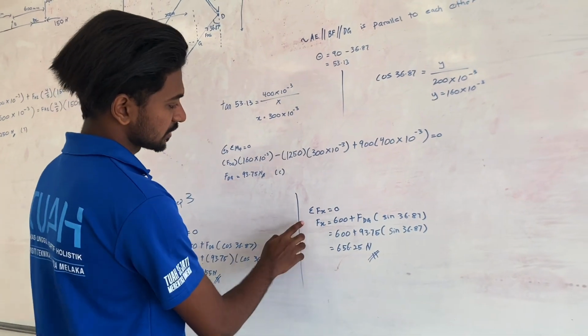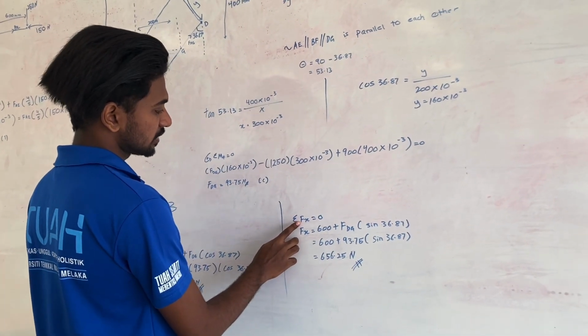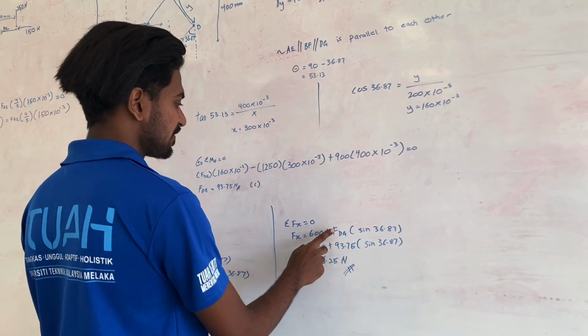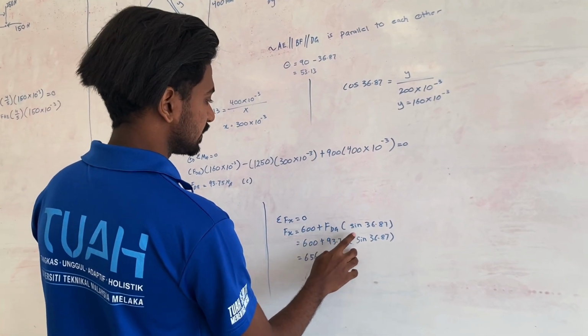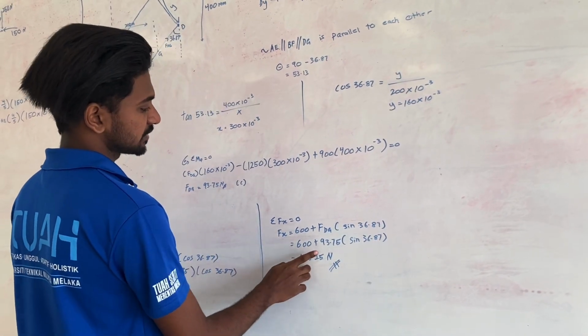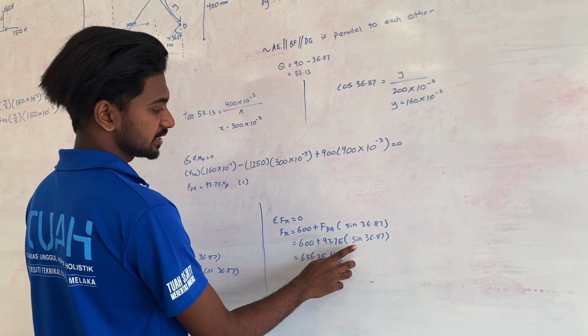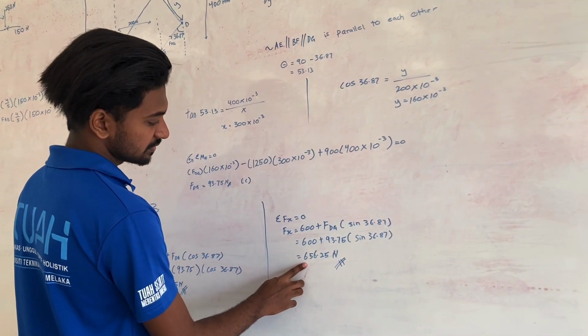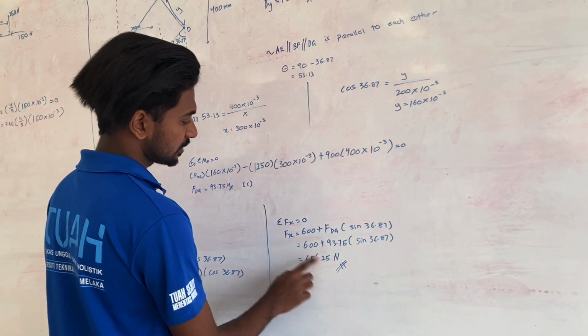For x, summation of forces on x-axis equals 0. Fx equals 600 plus FDG bracket sin 36.87 equals 600 plus 93.75 bracket sin 36.87 equals 656.35 Newton for x. That's all from us.